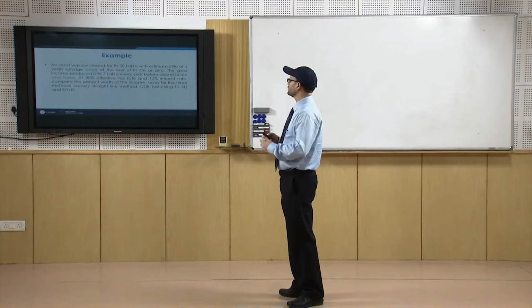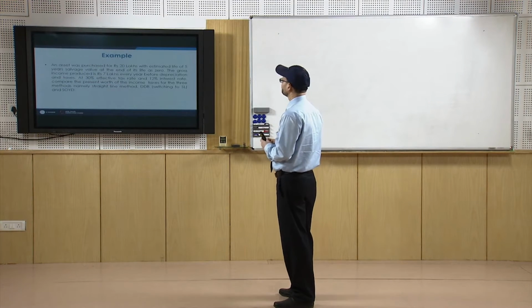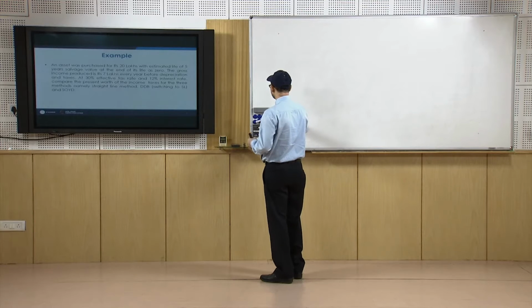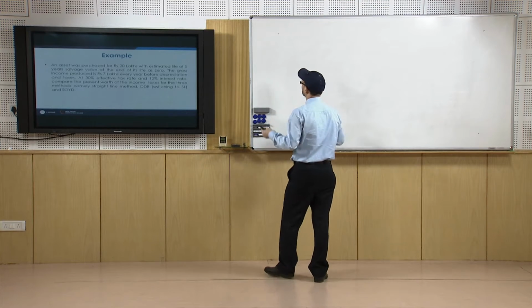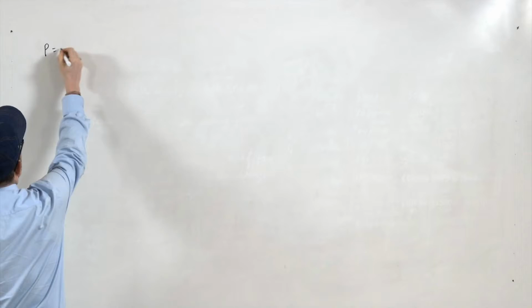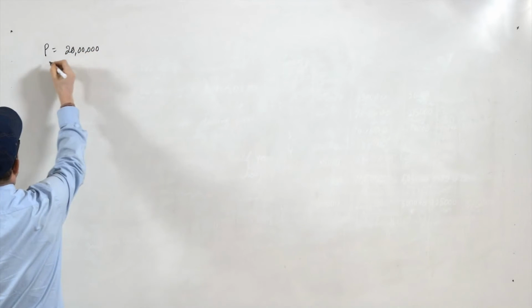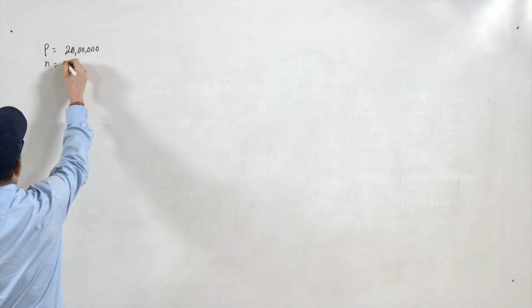We are going to discuss a problem in which an asset is purchased for rupees 20 lakhs with an estimated life of 5 years and a salvage value of 0 at the end of its life. So, the first cost of the asset is 20 lakhs and life is 5 years.